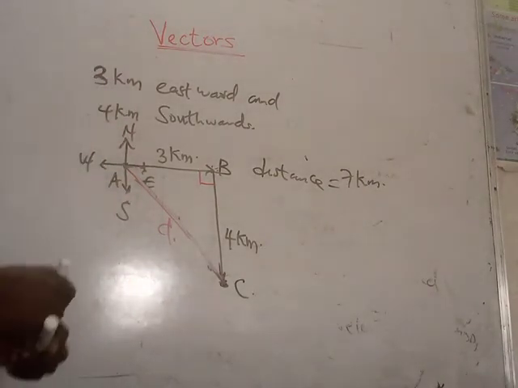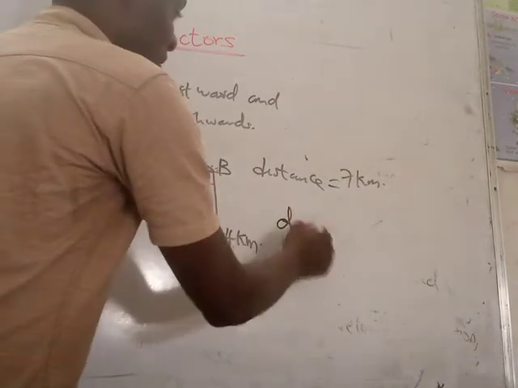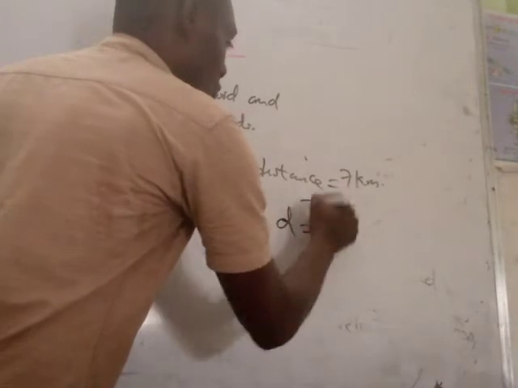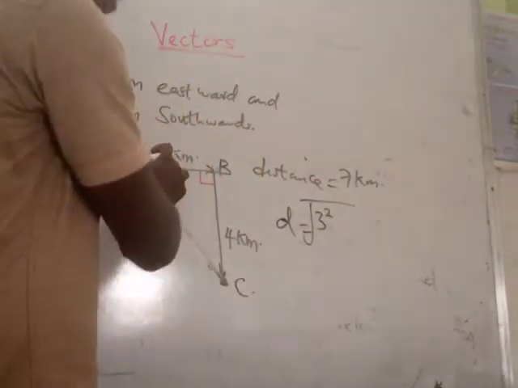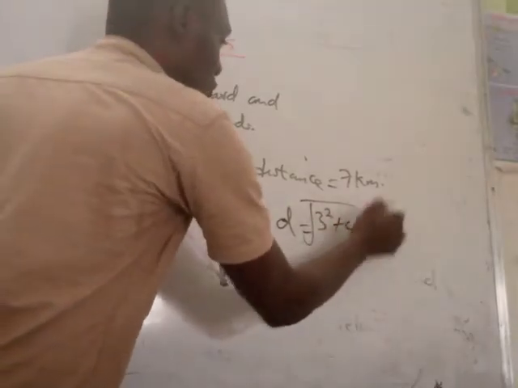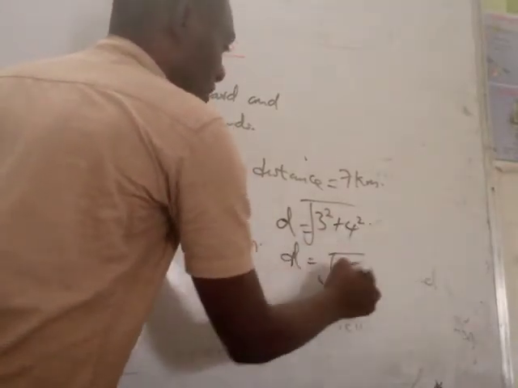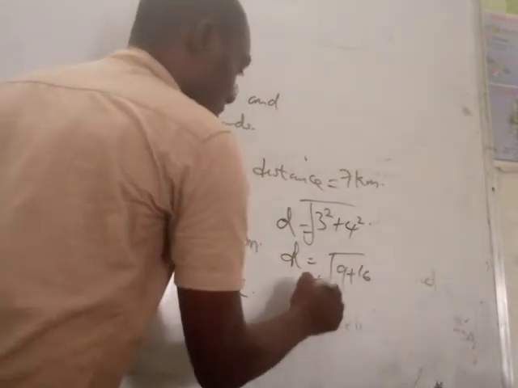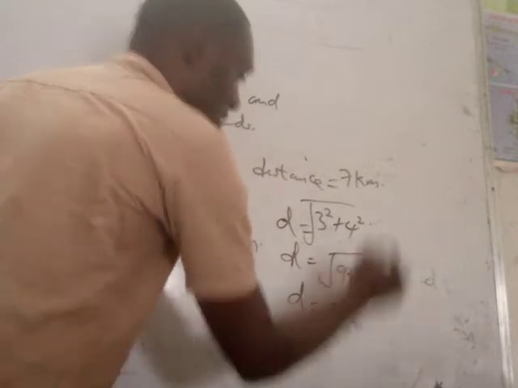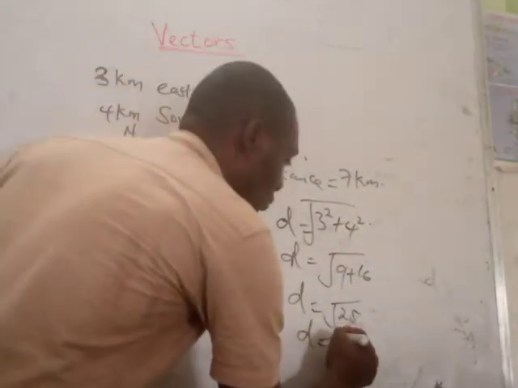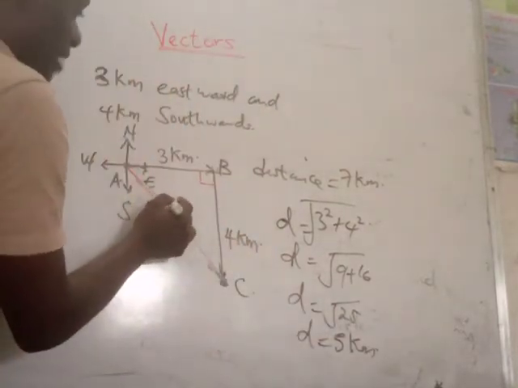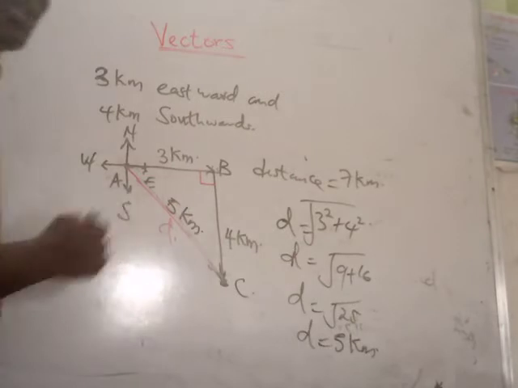So by applying Pythagoras theorem, his displacement D is going to be equal to the square root of the sum of the squares of the sides AB and BC, that is 3 squared plus 4 squared. So D is going to give me the square root of 9 plus 16, D equals the square root of 25. So his displacement is 5 kilometers from his starting point.